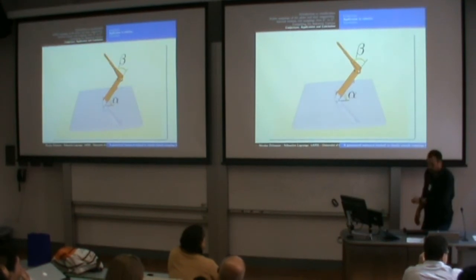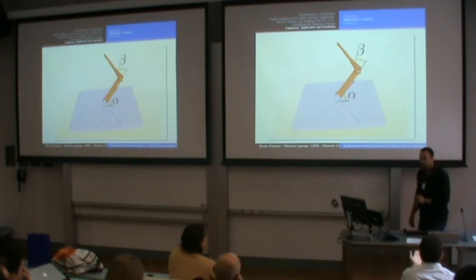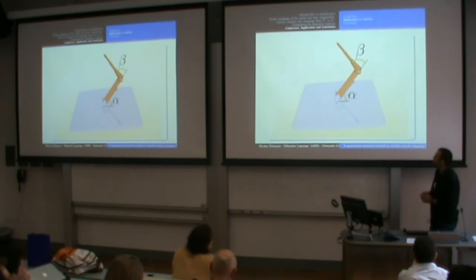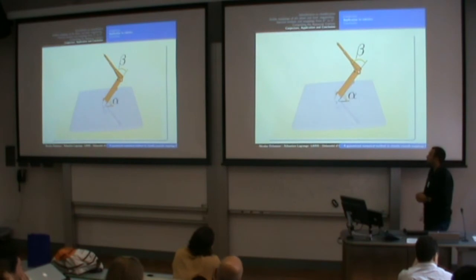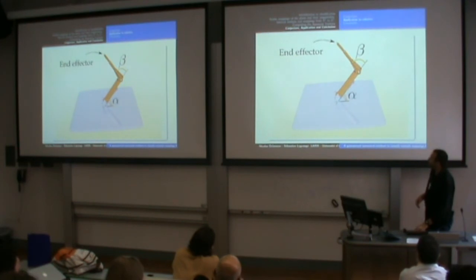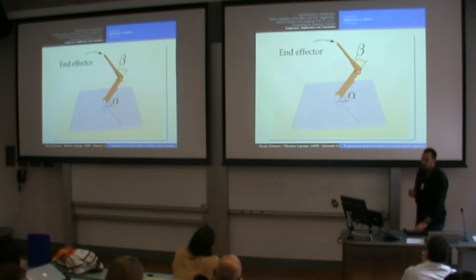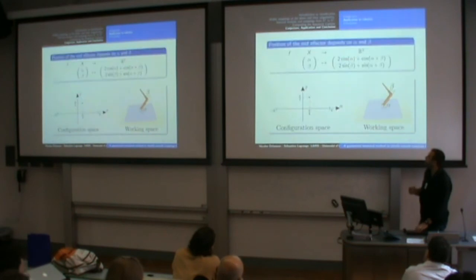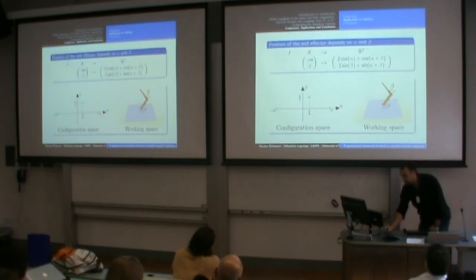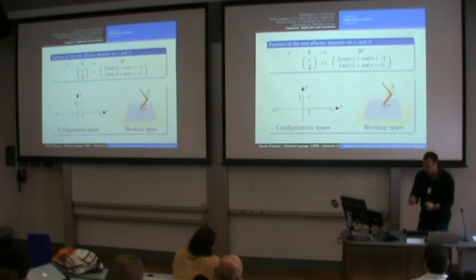So, I think I have a short time to speak about application. What can it be used for? Imagine that you have a robot with an end effector, and of course you can write an equation for the end effector depending on the elements that you can control.